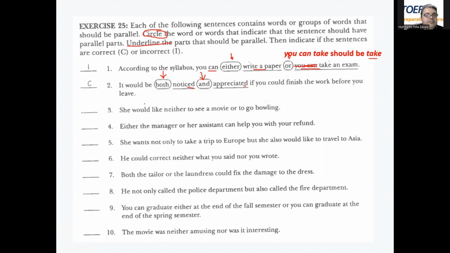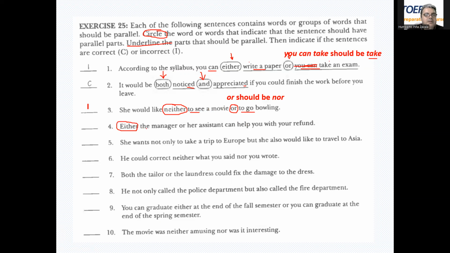All right, now that you're back, here we can see she would like neither to see a movie nor to go bowling, right? To see, to go. We have infinitives on both sides, but it's incorrect because those are not the pair conjunctions. It should be: she would like neither to see the movie nor to go bowling.